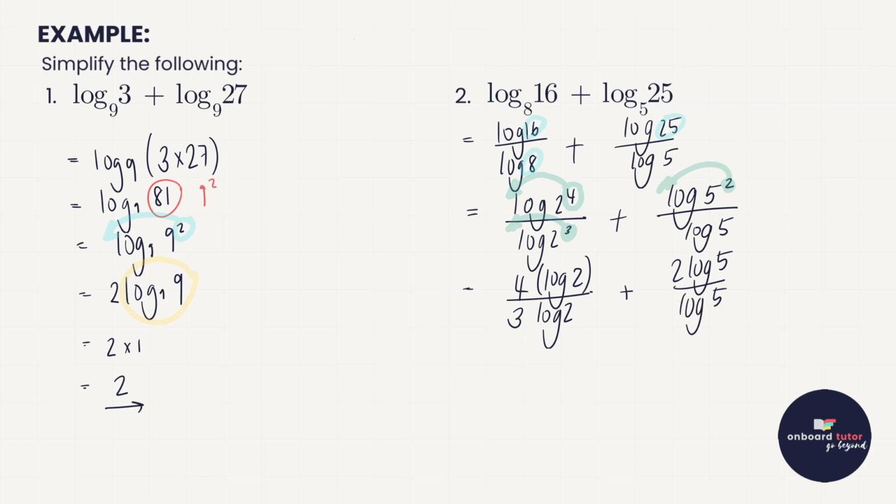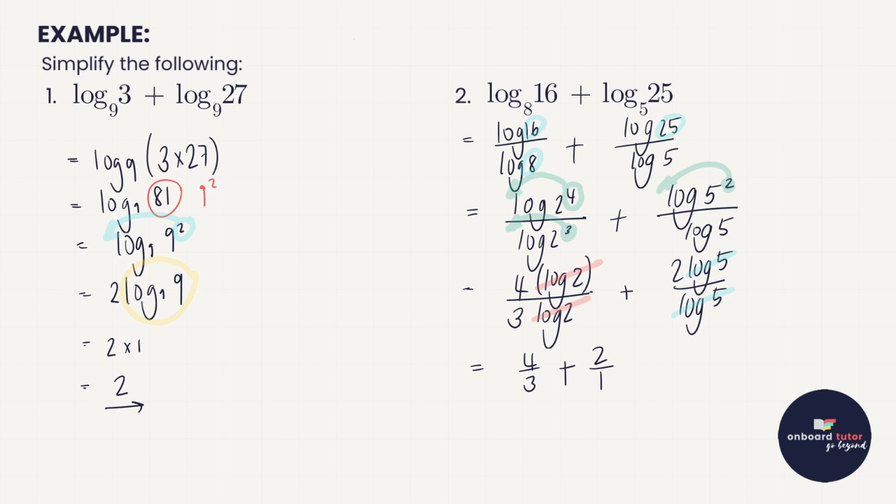Now seeing as there aren't any plusses or minuses inside the numerator or denominator, I am allowed to cancel. So log 2 is going to cancel with log 2 here, and log 5 is going to cancel with log 5 here. That leaves me with 4 over 3 plus 2 over 1.